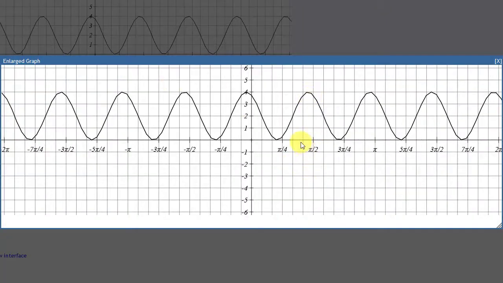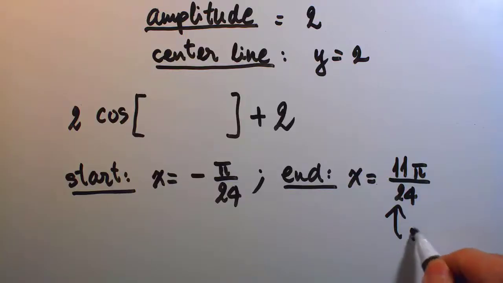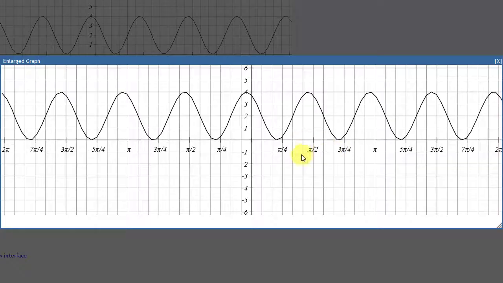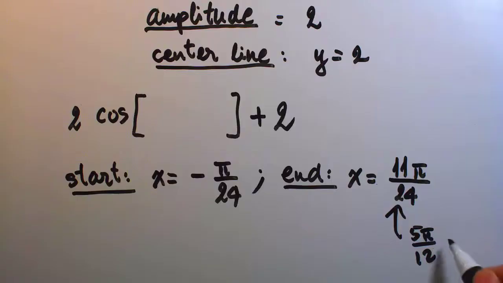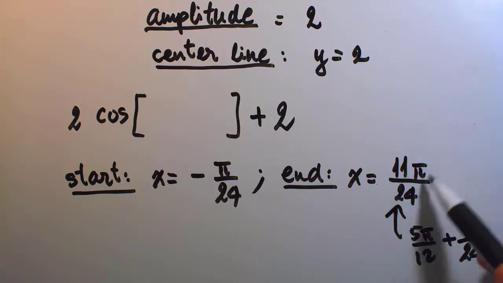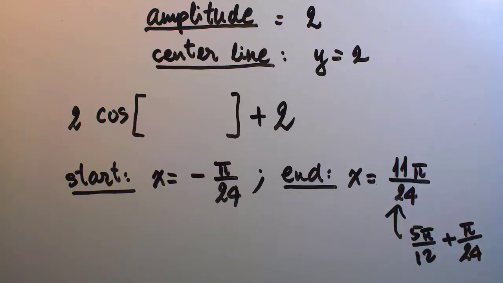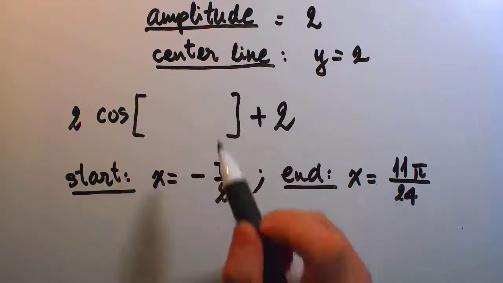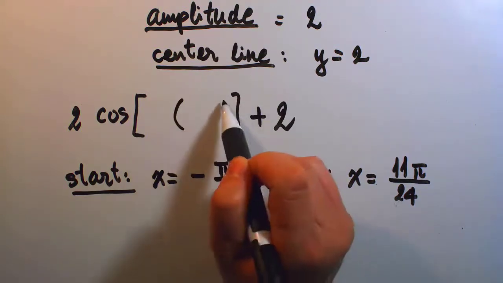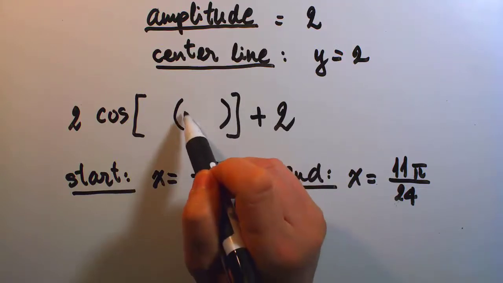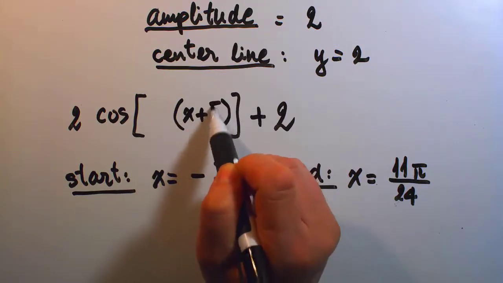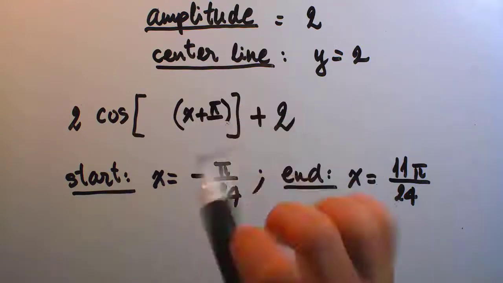Up to this point, it's 5 pi over 12 from the y-axis out to that, and another pi over 24 added to that, and that's how it has that ending at 11 pi over 24. And so now immediately we can go back to our cosine function and formulate that expression inside being x plus pi over 24.